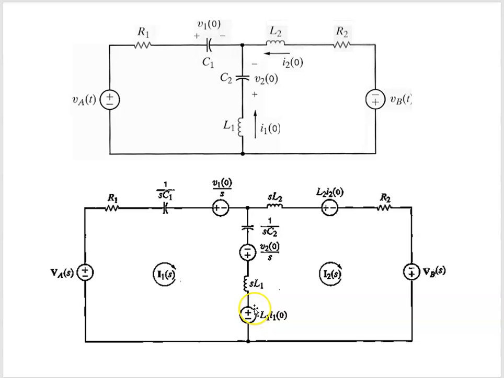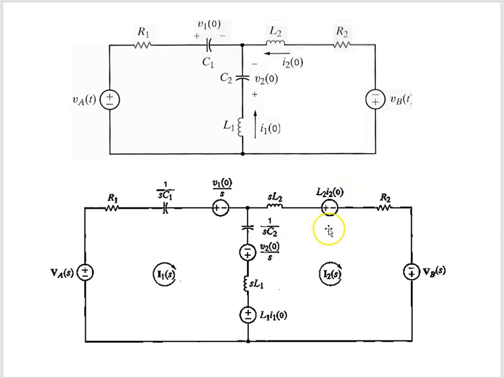Why is that the case? Because this current is flowing upward. We have the negative reference where the current is going into, and then we can call that a positive voltage. Our current is flowing into this negative reference, and so from this direction we're calling it a positive reference, because we don't want to have a negative L2 I2 of 0.